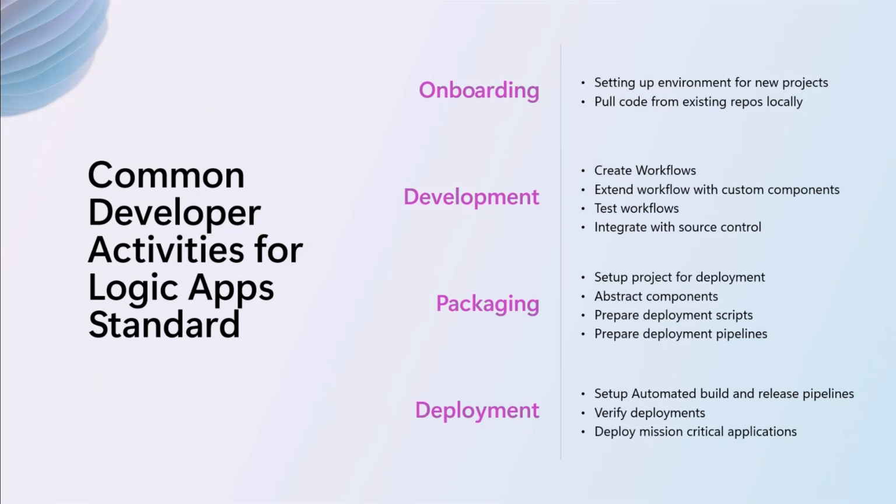Wanted to make sure that you abstract those components and you're preparing deployment scripts, you're preparing the pipelines, but also pushing that to other environments, deploying, verifying that the deployments are okay, and most important, deploying mission critical applications without downtime. So we look at that set and try to find the things that we should be working on to make sure that most of the things, if not all of the things that we have in that list, could be solved, and you have a way to do that using the tooling that we provide, right?